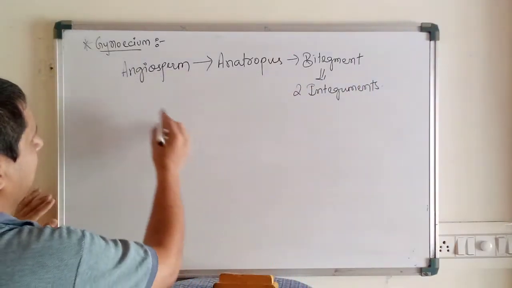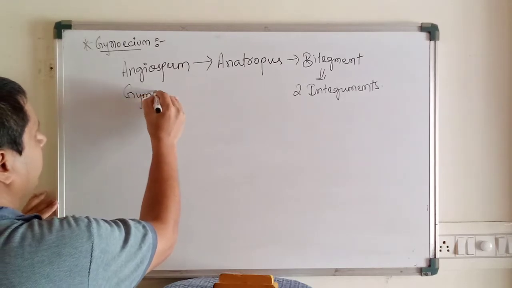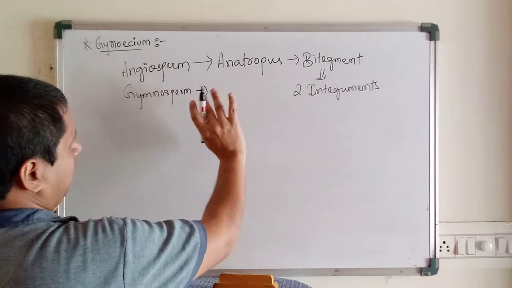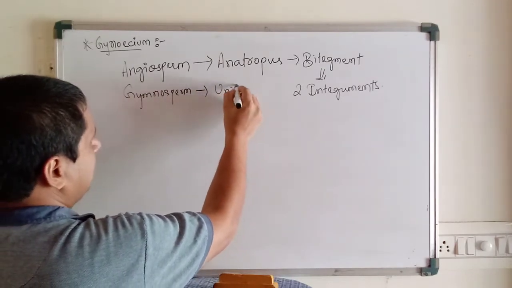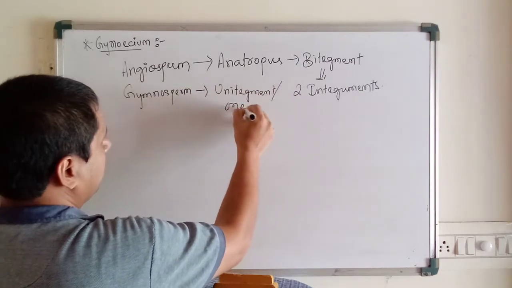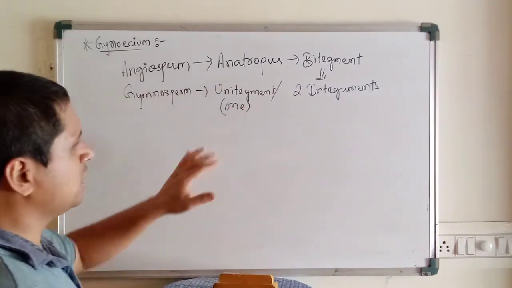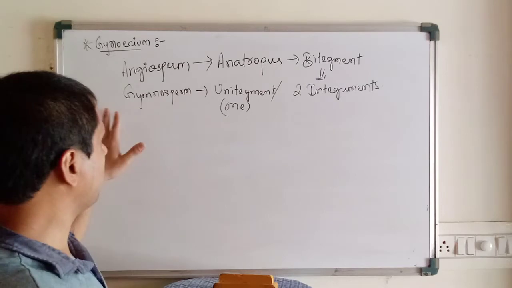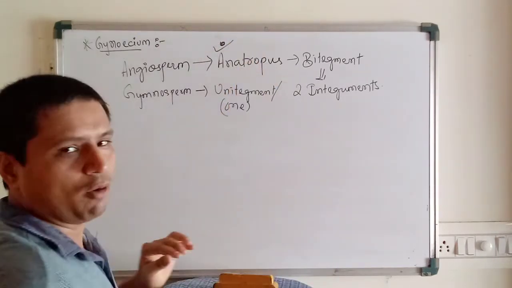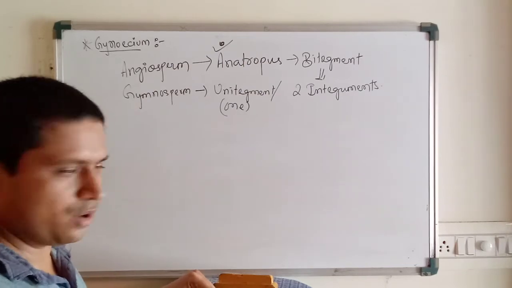On the other hand, gymnosperms have unitegmic ovules, meaning one integument. So we will not talk about the gymnosperm. We will talk about the most commonly used, that is the anatropous, in detail. Okay, children?